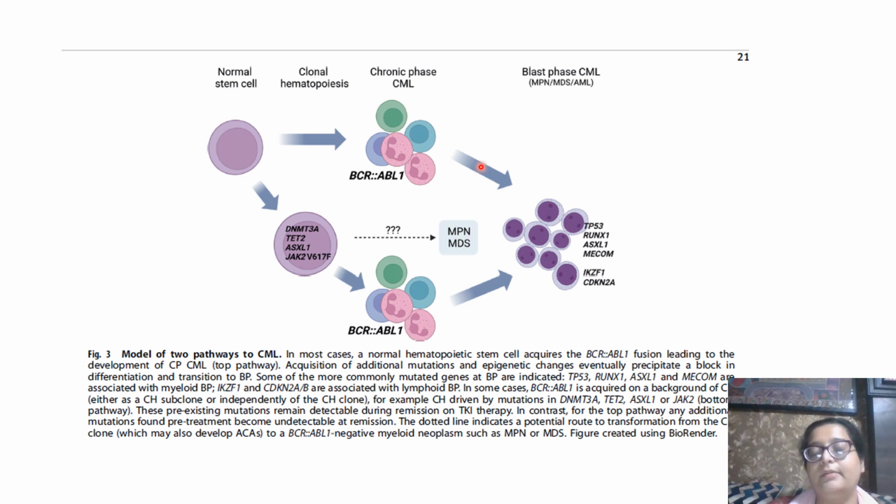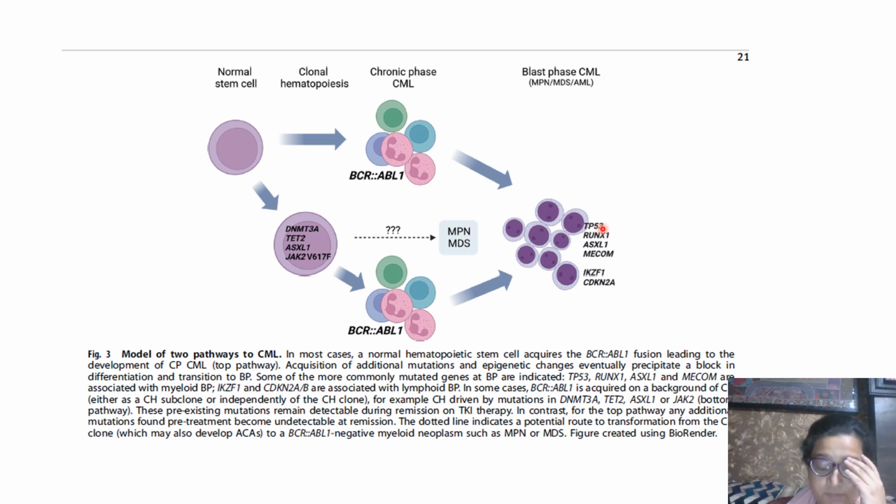You start imatinib, but in this clonal hematopoiesis, once the treatment has started, a set of other mutations develop, which leads to CML progressing into blast crisis. So initially, at baseline, there was no other mutation except BCR-ABL. The patient started imatinib, responded maybe, but later on the response went away and the patient landed up in blast crisis.